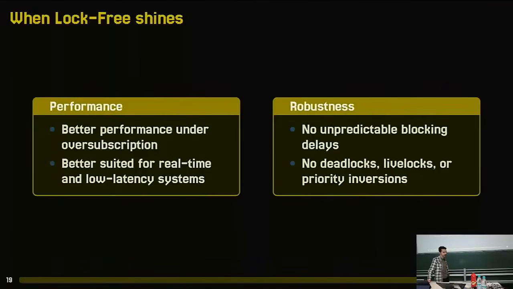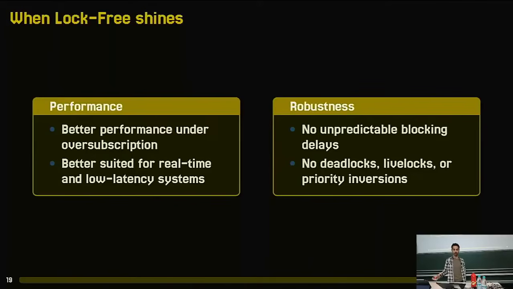But on the other hand, when is lock-free programming actually good? So it typically has better performance, especially under oversubscription of threads. So if there are way more threads than there are CPU cores, the scheduler has to block some threads, and if it blocks threads that currently have a lock or acquired a lock, this just makes things take even longer, since those threads cannot release the lock and have to be rescheduled again to release it.